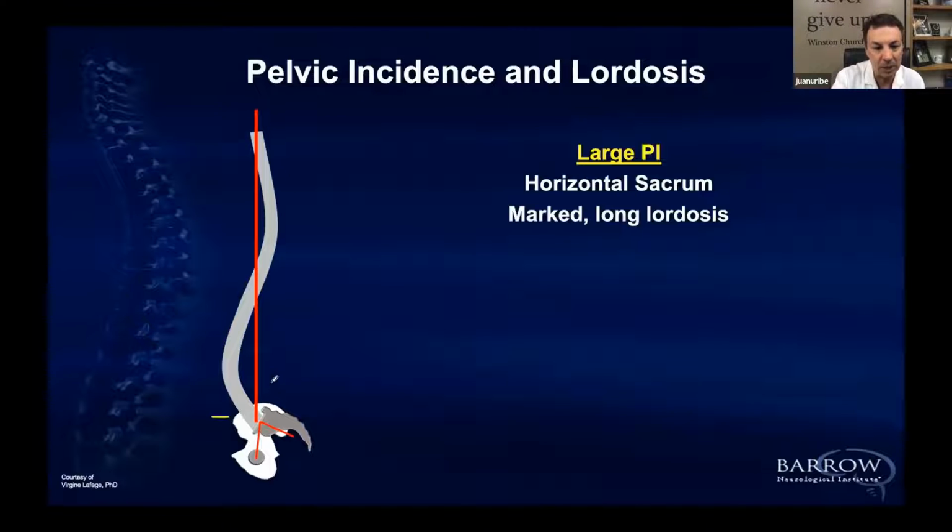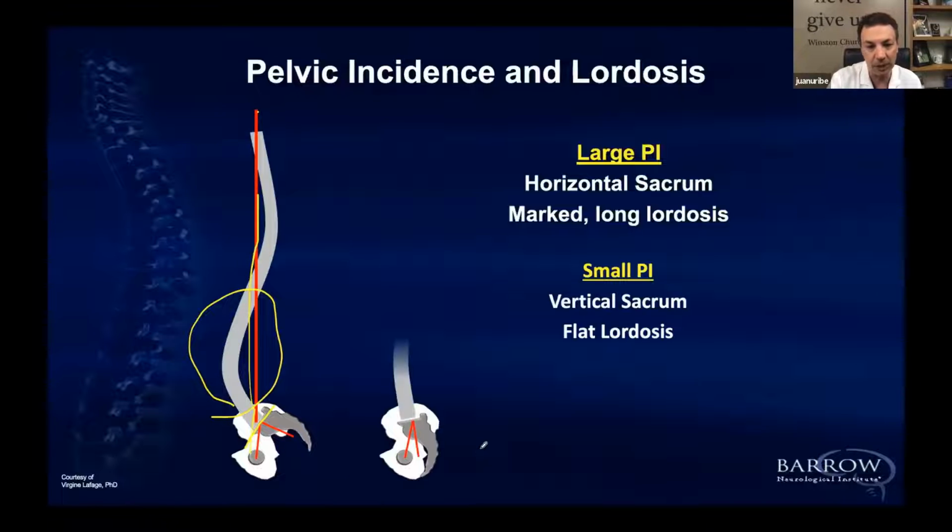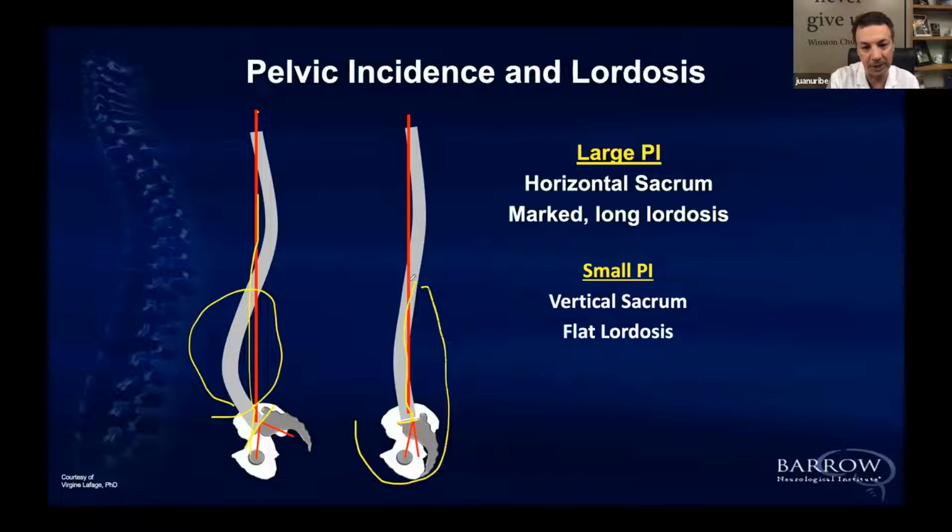Take a look how much lordosis you need to match this angulation of the pelvis to have good sagittal balance. But in patients with low pelvic incidence, this patient needs very little lordosis to keep it together. In other words, ideally, when you have patients with low pelvic incidence, no matter what you do to them, they're going to do great.